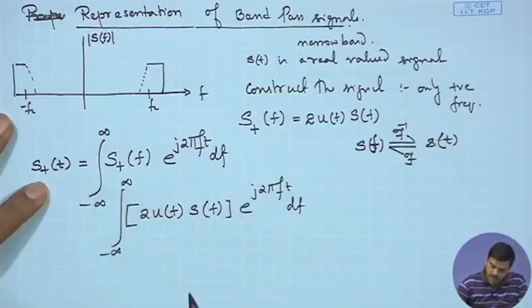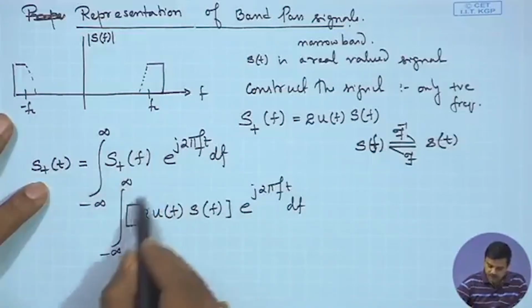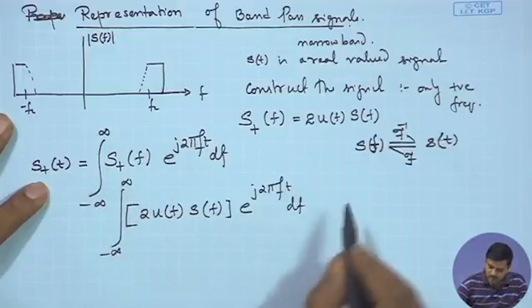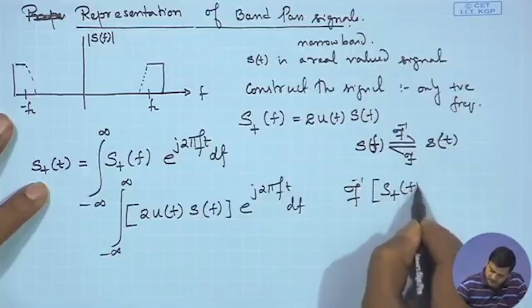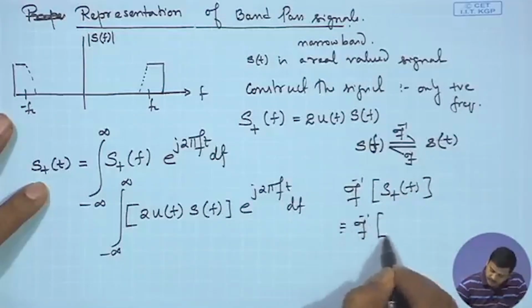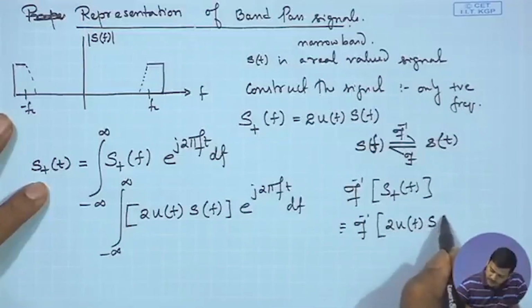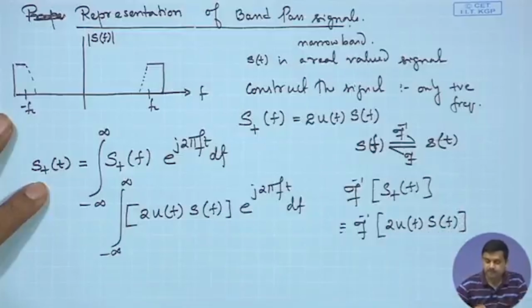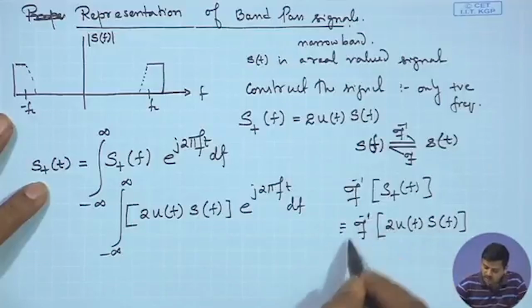So, we could also say that we are doing the inverse Fourier of S plus of f, or we could write the inverse Fourier of 2 u of f times S of f. If so, we have a convolution; this is a constant, so the constant does not affect.